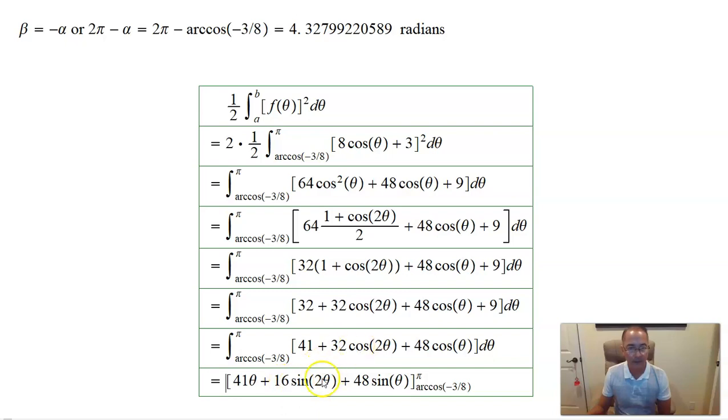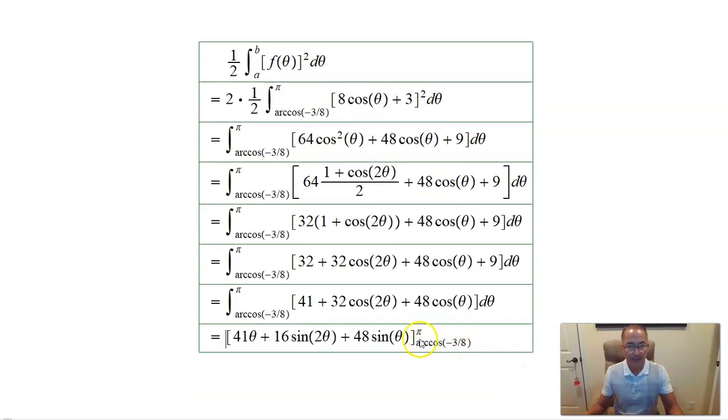Derivative of sine is cosine, 2 theta stays in sine. Correct. Derivative of 48 sine theta is 48 cosine of theta. Okay, excellent. So that antiderivative is done.